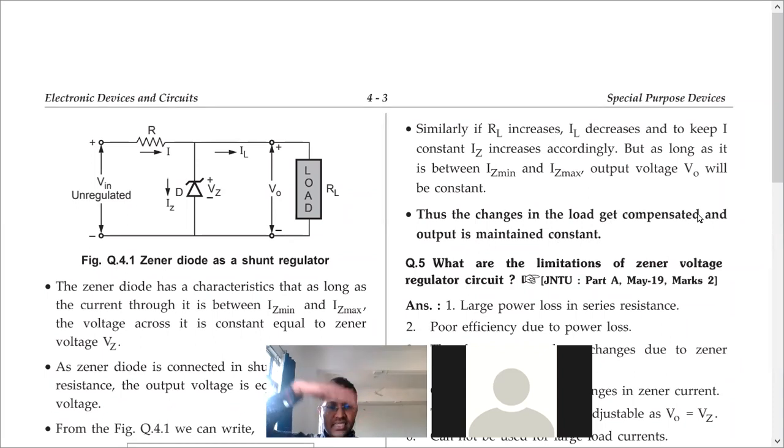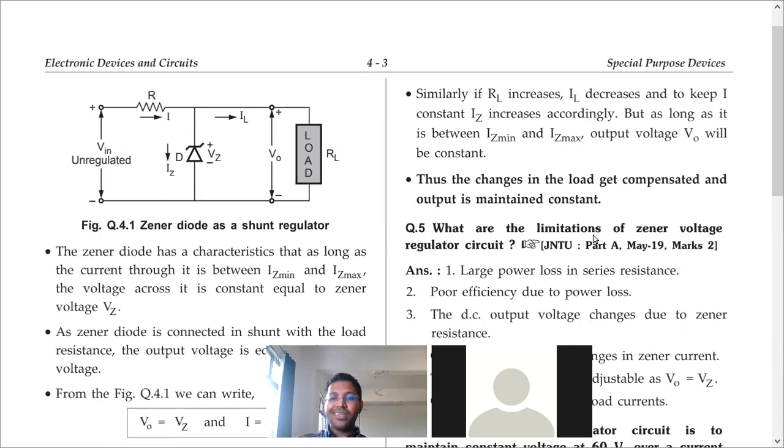Although the load RL is changing, either increasing or decreasing, we analyzed each case. So in both cases we conclude that V naught stays constant because of the property of the Zener diode, and the output is maintained constant.